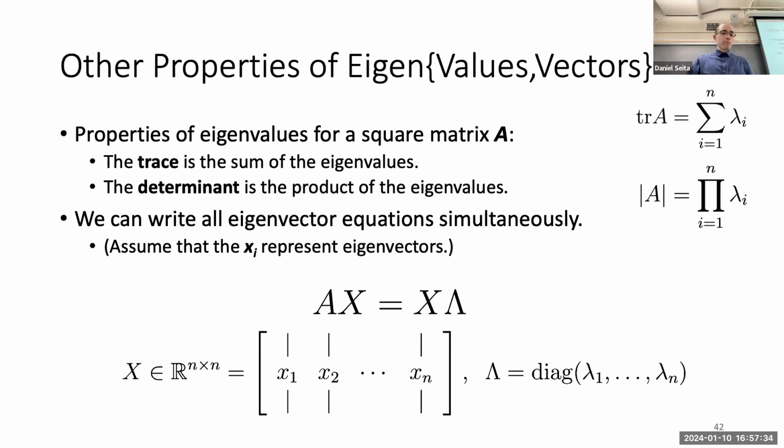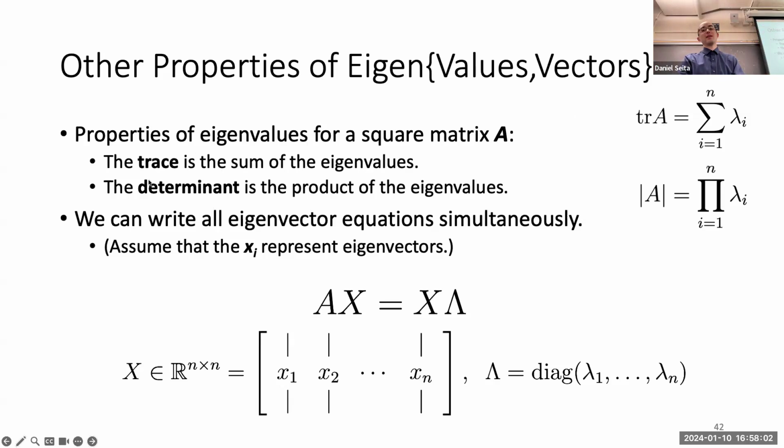Some other properties of the eigenvalues and eigenvectors. If you have a square matrix A, then the trace is the sum of the eigenvalues. Remember that the trace is normally the sum of the diagonal elements, but you can equivalently write it as the sum of the eigenvalues.